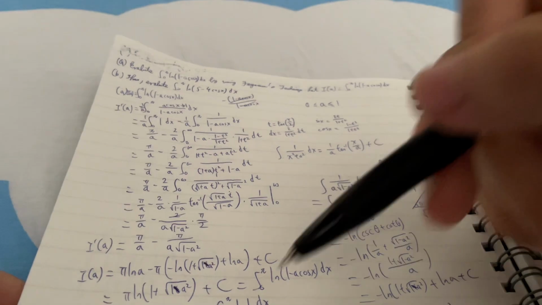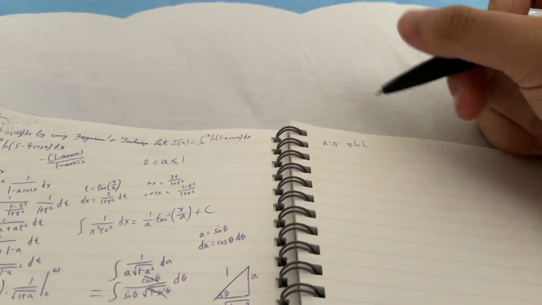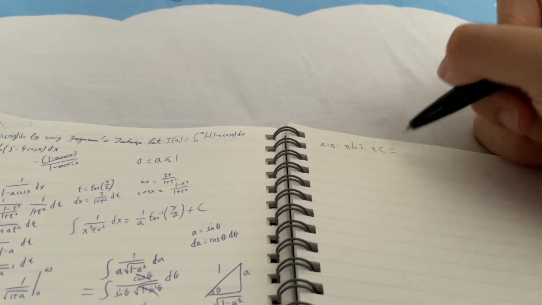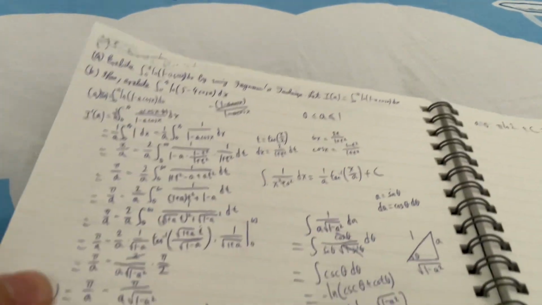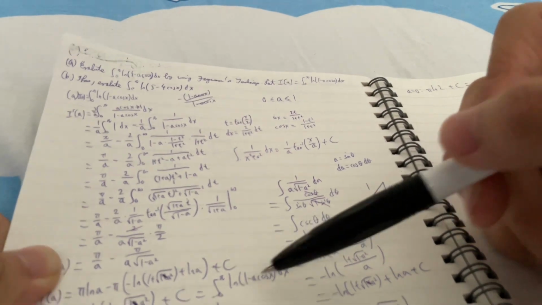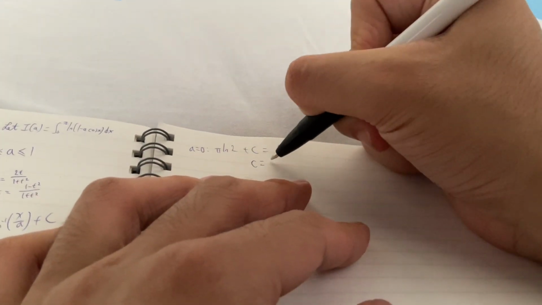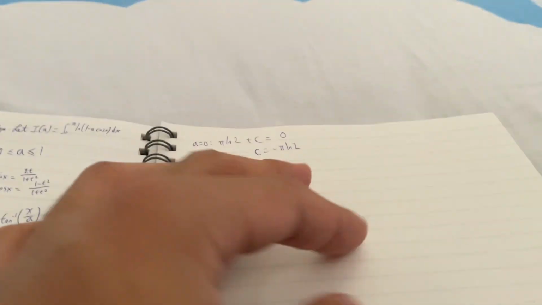So put 0 into it, you get pi times ln2, and then plus c, and this integral we already told you is just equal to 0 if a is equal to 0 inside. So ladies and gentlemen, you are going to get c equal to negative pi ln2.